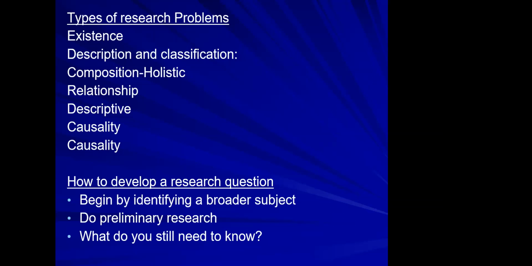Then description and classification. This type of problem only describes why a phenomenon occurs, or classifies a problem into different facets. Then composition, that means there are bits and pieces of research in different parts on a particular phenomenon, but you want to assemble it and bring it together.